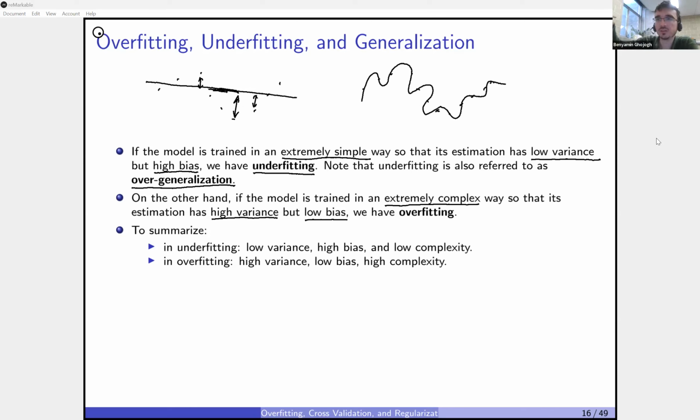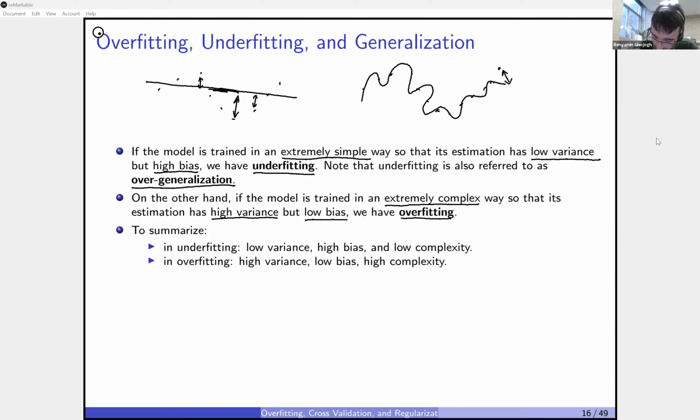Because the line goes up and down a lot, but it has low bias because the error between the training points and their predictions is very small. This is called overfitting. Why is overfitting bad? Because it cannot generalize well. What if a test data point which is unseen in the training phase comes? Then it will be awful, right? So we'll see some examples.